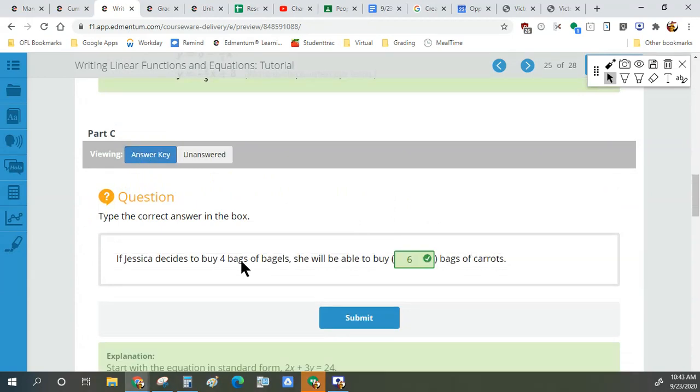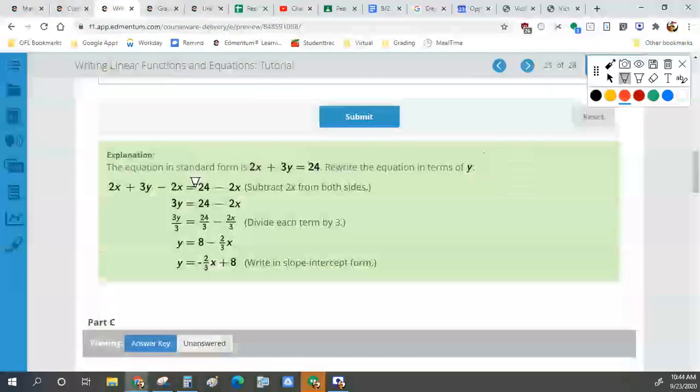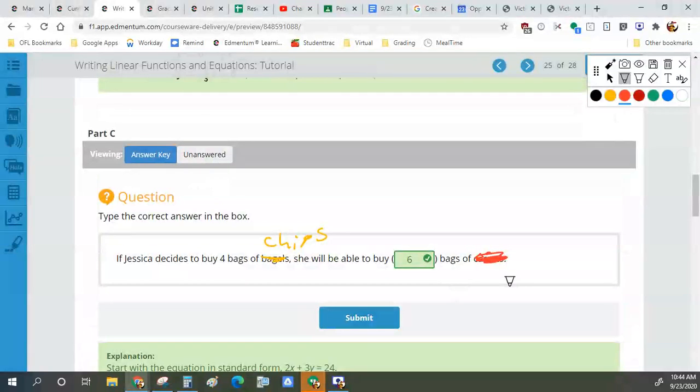So if she buys 4, let's fix this right here. So if she buys 4 bags of chips, she will be able to buy, we did say chips was that right? So if she buys 4 bags of chips, she can buy 6 Arizonas.